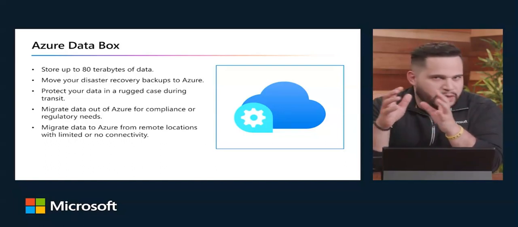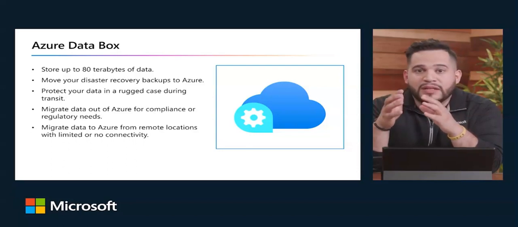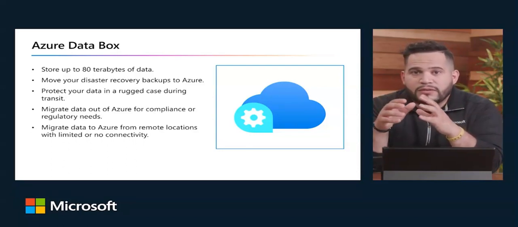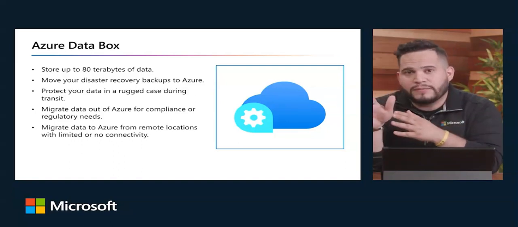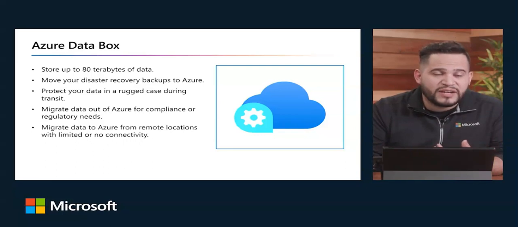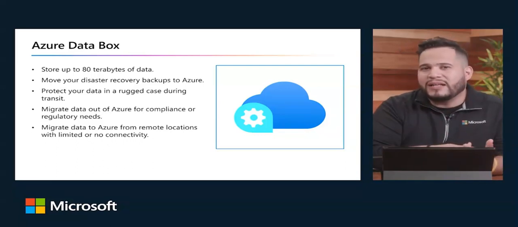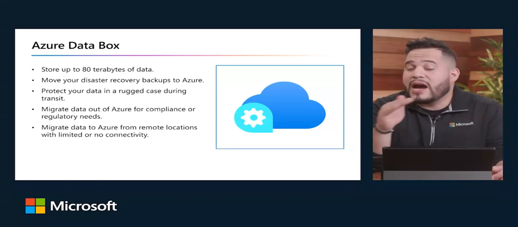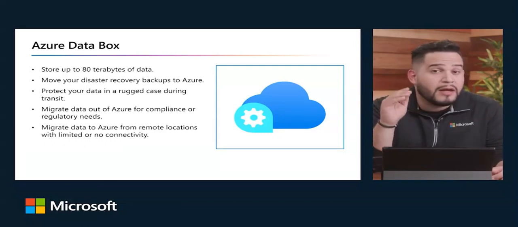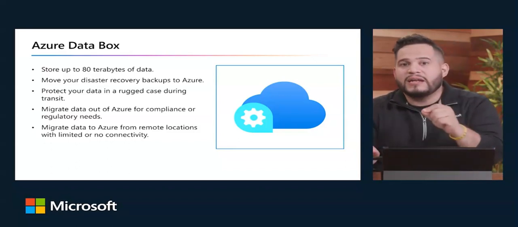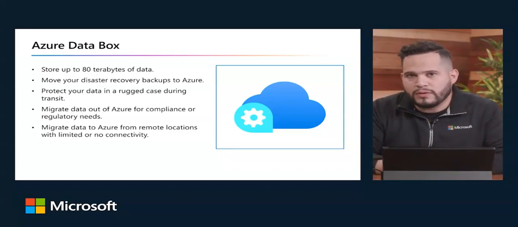And depending on whether you'll import or export data, whether you're copying the data from your servers to the device or from the device to your servers, you can ship the device back to Azure. And if you're importing data to Azure in the Azure Data Center, your data is automatically uploaded from the device to Azure. Now, the entire process is tracked meticulously end to end by the Data Box service in the Azure portal.